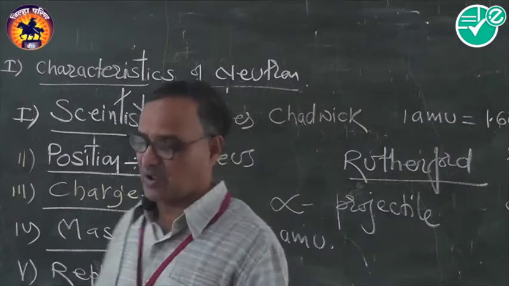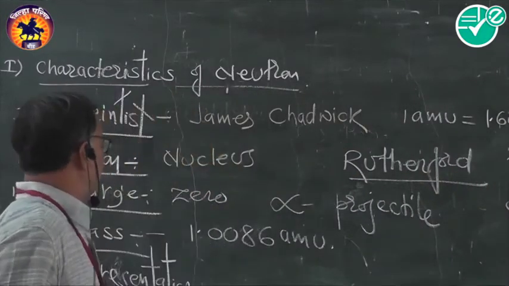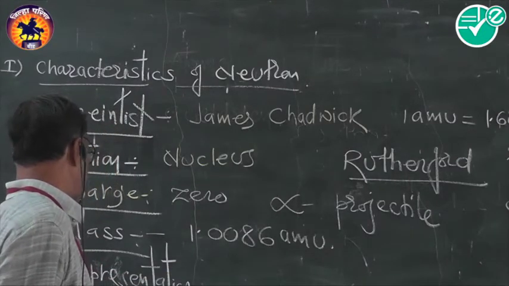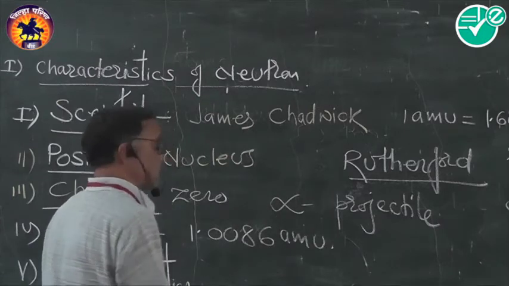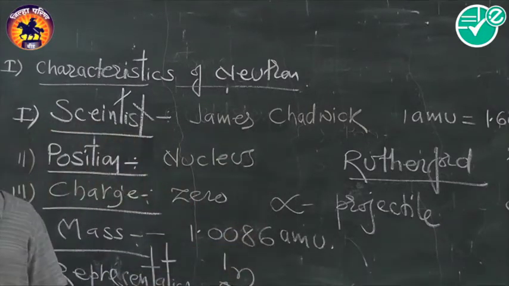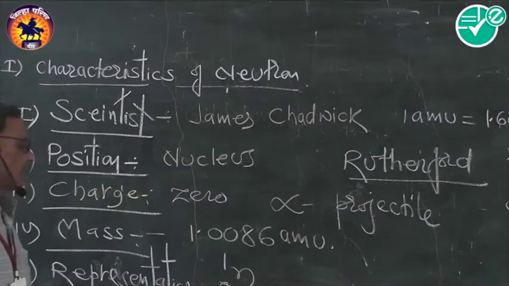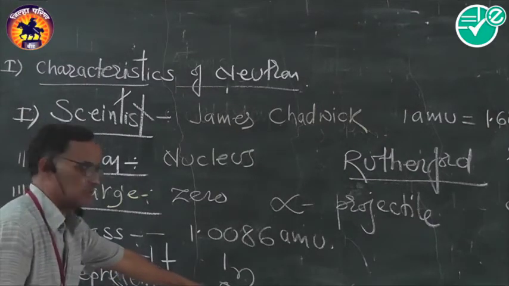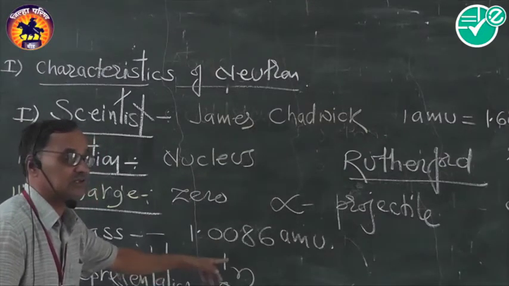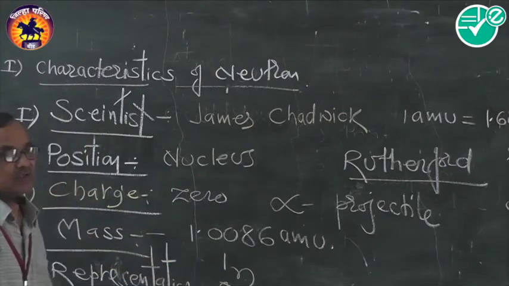The neutron is represented by a small letter n, that is n with 0 at the bottom, and this 0 represents the charge on the neutron.